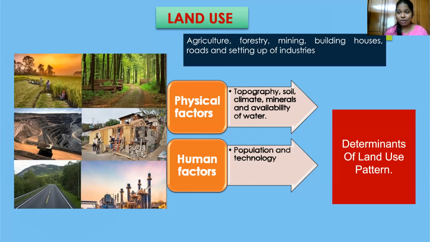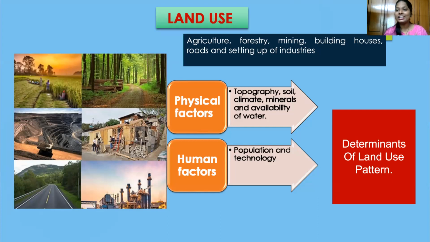Then we have building houses, and roads for transportation. All this requires land area. Even the landing of aeroplanes requires land. So land is a very important factor for us.